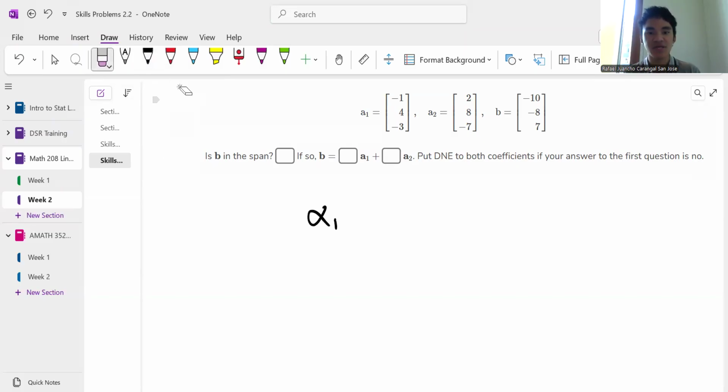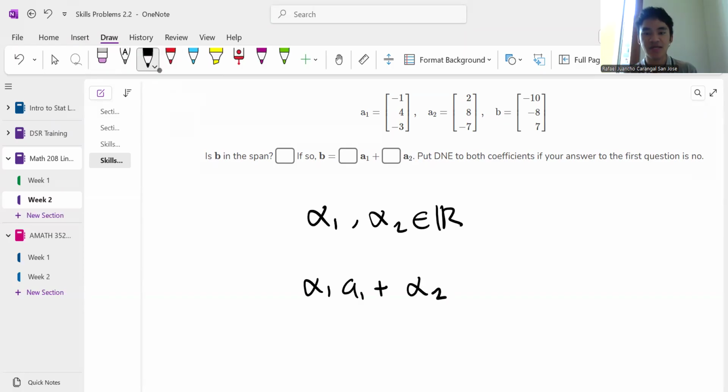Alpha sub 1 is a scalar, alpha sub 2 is a scalar. And the idea is that if we want a linear combination, we have to multiply a scalar to both vectors, and then we add them together. And that should give us a different vector, let's say w in this case. And that vector w is a linear combination of a sub 1 and a sub 2.